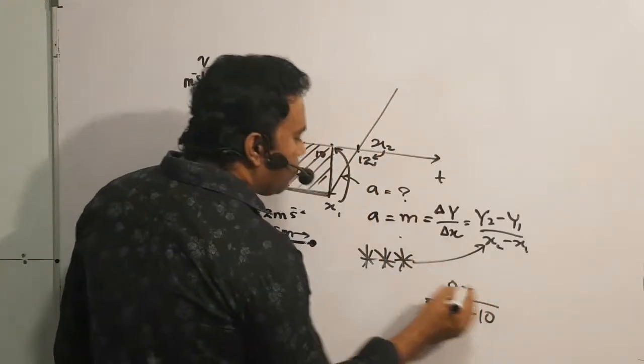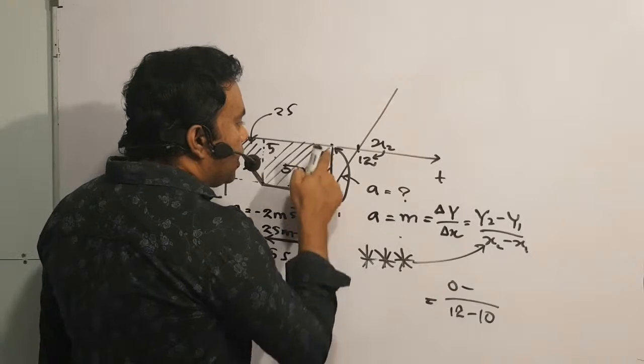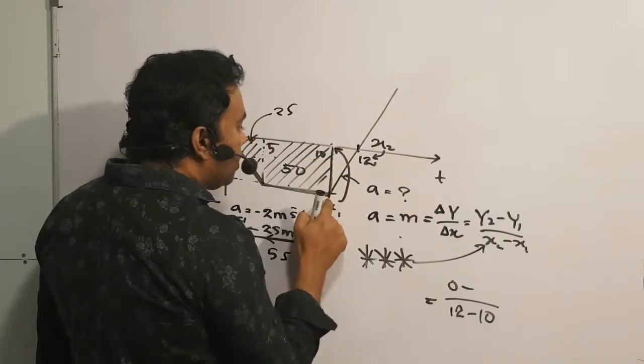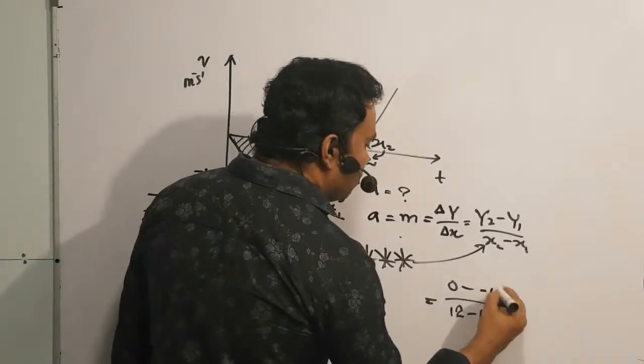At 12 the value is 0. At 10, what's that value? Minus 10.